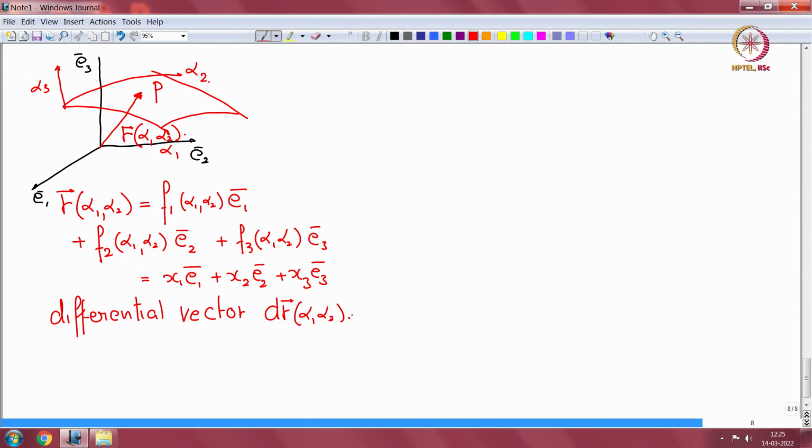It's quite simple. Dr of alpha 1, alpha 2 is equal to del r by del alpha 1 d alpha 1 plus del r by del alpha 2 d alpha 2.